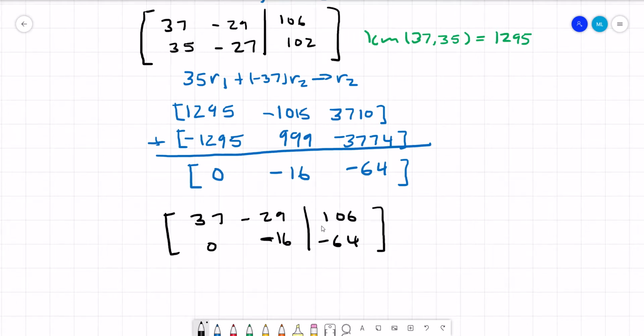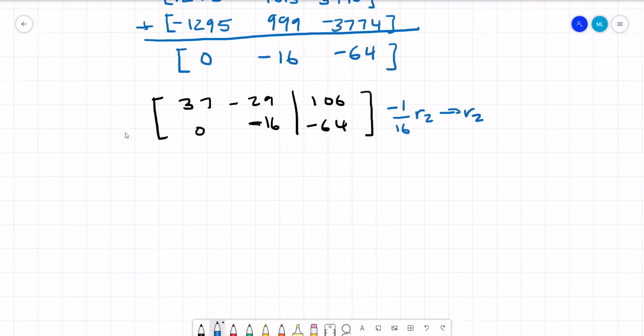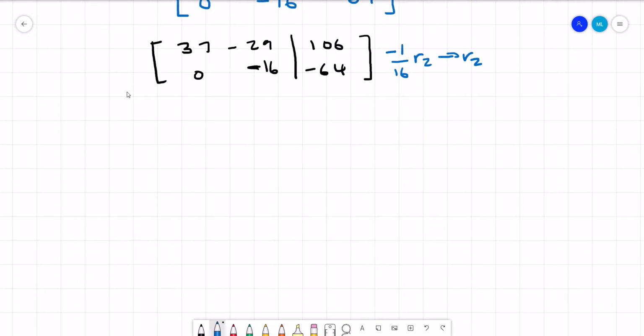Now, what we can do from here is solve for the y variable. We can do that by multiplying row 2 by the reciprocal of negative 16 to give you a new row 2. From there, it's going to give you what y is equal to.